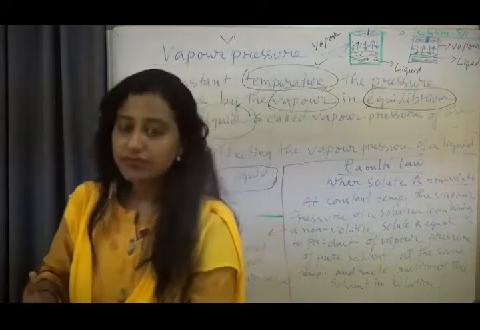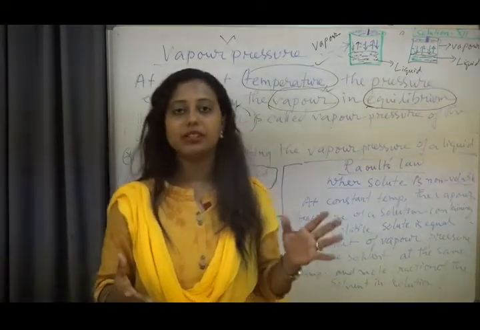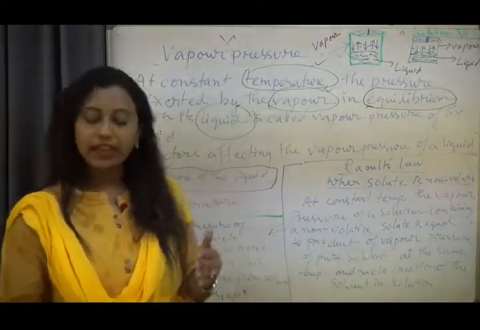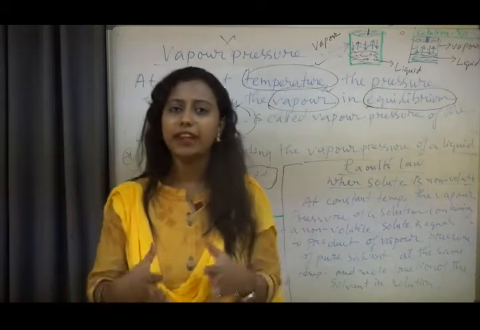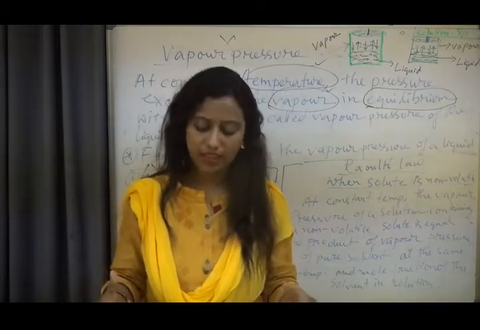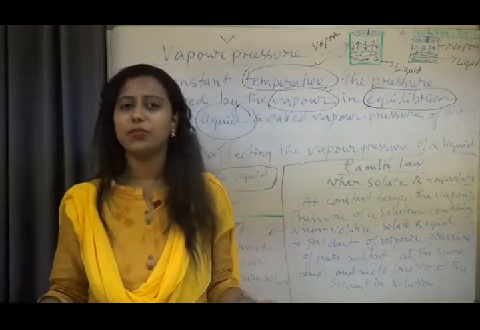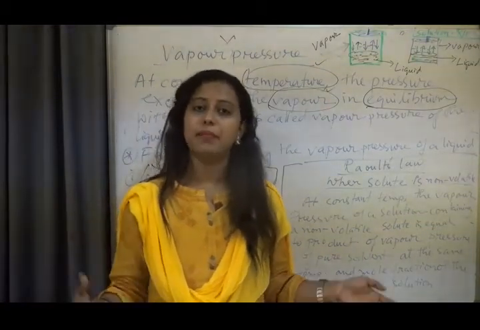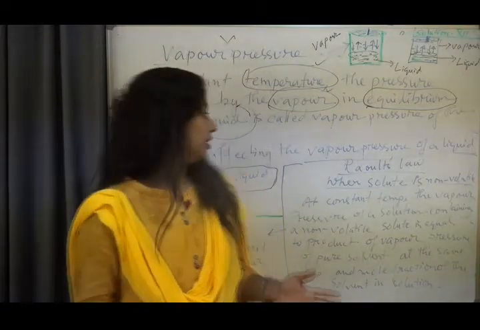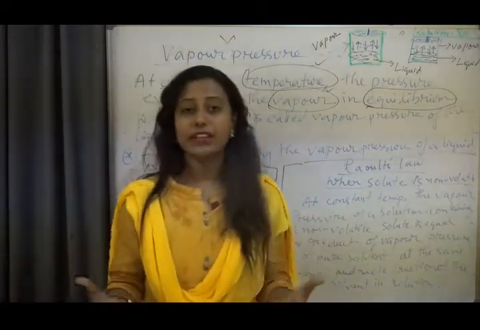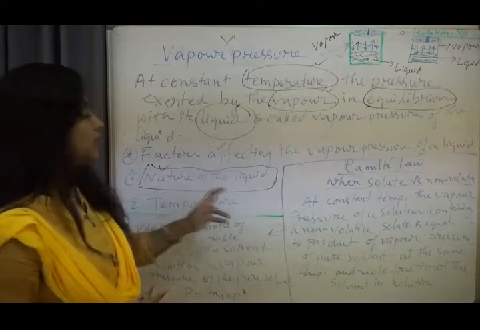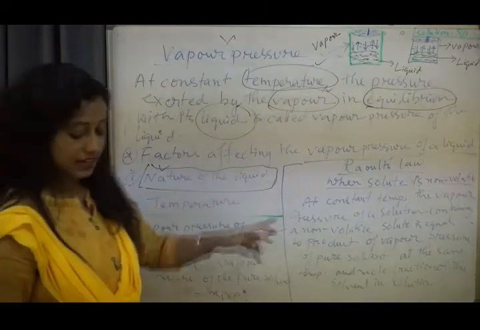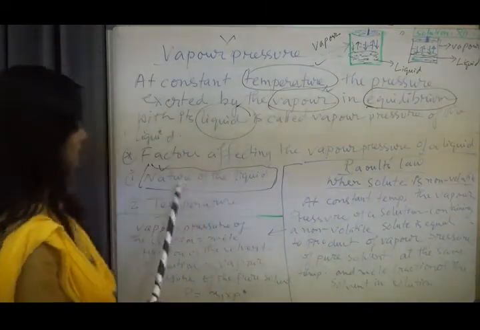In such a condition, the gas is very weakly bonded with the solution, as a result of which the gas escapes from the solution by applying a little bit of heat. So this depends upon the nature of the liquid.